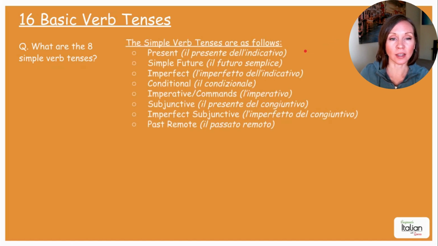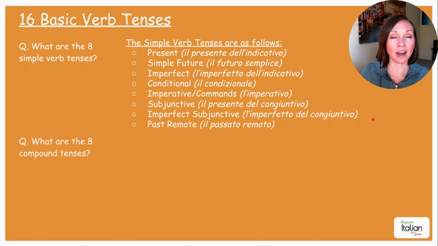We have the present, il presente dell'indicativo, the simple future, il futuro semplice, the imperfect, l'imperfetto dell'indicativo, the conditional, il condizionale, the imperative or commands, l'imperativo, the subjunctive, il presente del congiuntivo, the imperfect subjunctive, l'imperfetto del congiuntivo, and finally the past remote or il passato remoto.